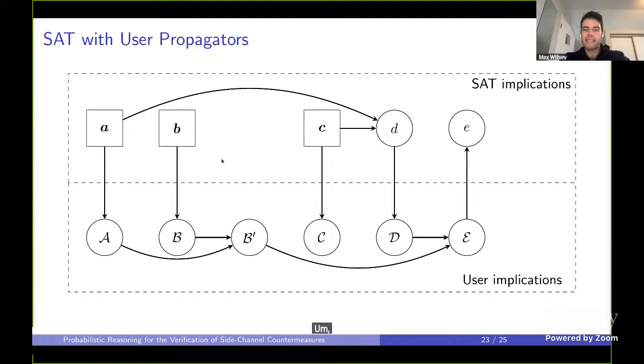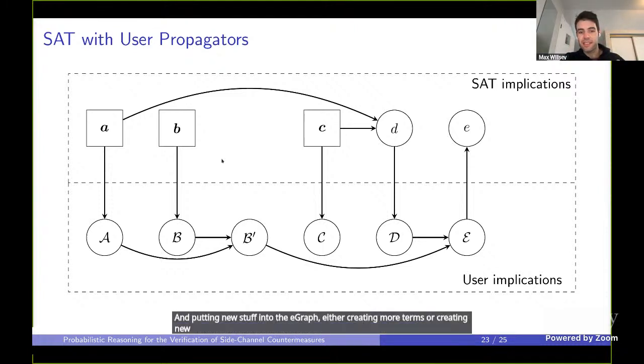One thing that perhaps we should have been doing for much longer, but I think is relatively a new insight for us, is that, of course, there's nothing stopping an E-class analysis from, in either of these situations, reacting to something and putting new stuff into the egraph, either creating more terms or creating new equivalences.